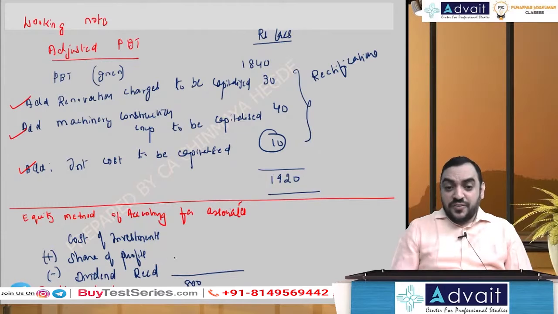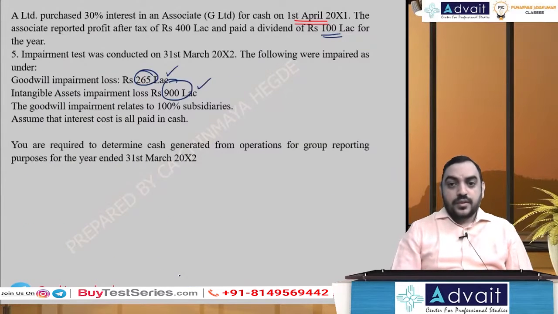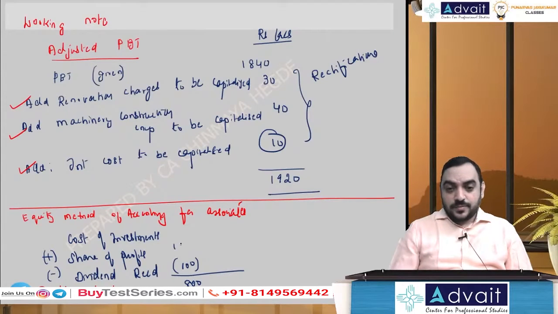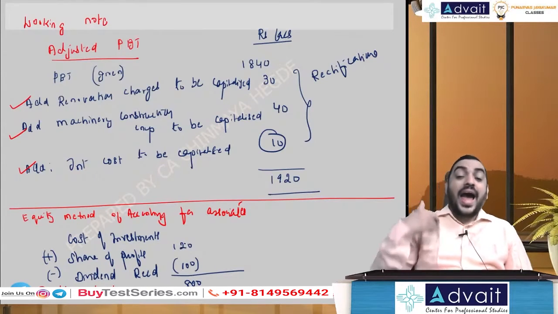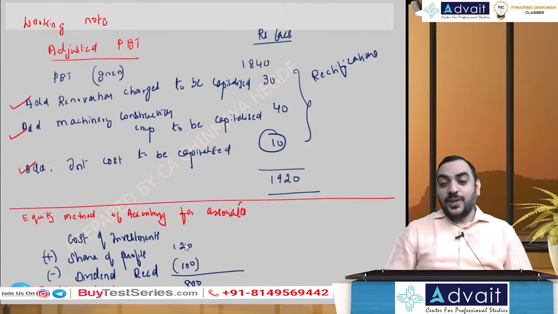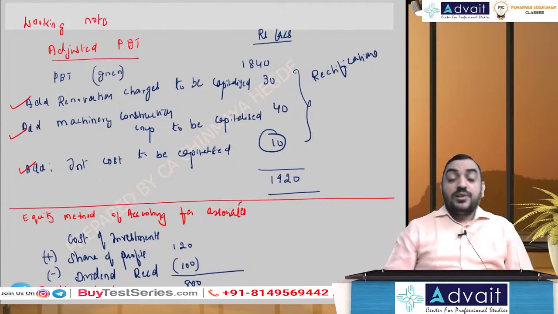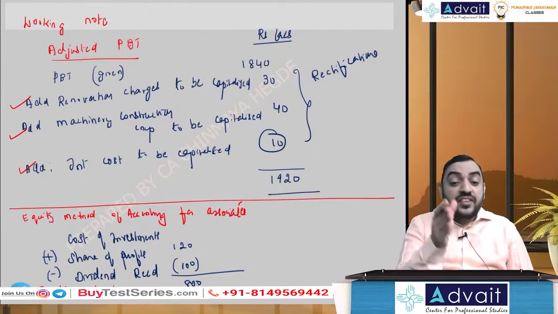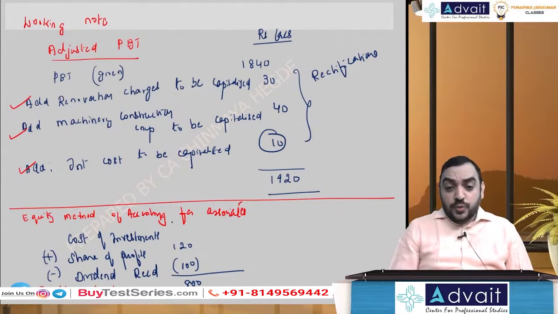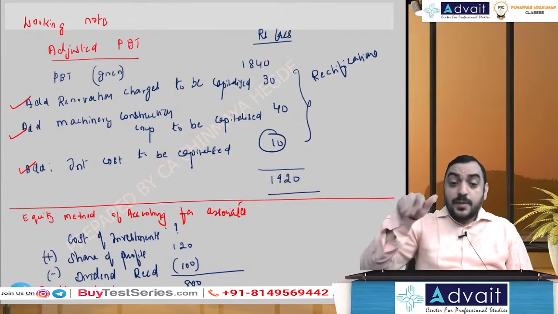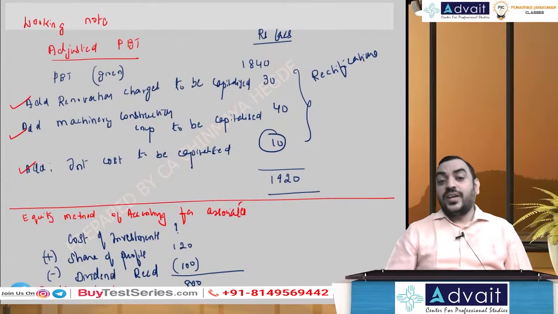And you received a dividend of 100 lakhs, I believe. And share of profit is 120. So you added a share of profit of 120. You subtracted dividend received of 100. So what should be your cost of investment? If you work backwards, 800 plus 100 minus 120. That should be 780, right?